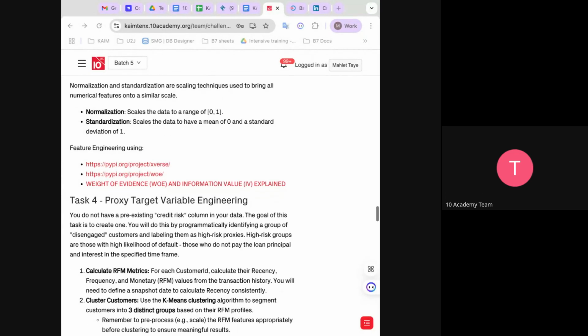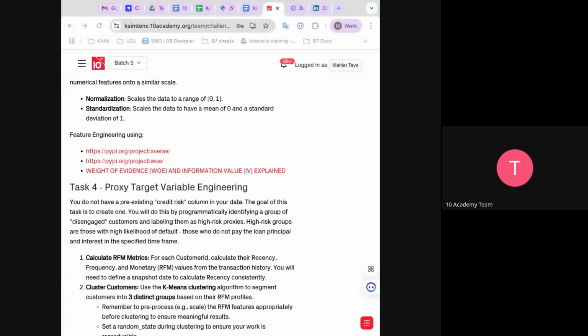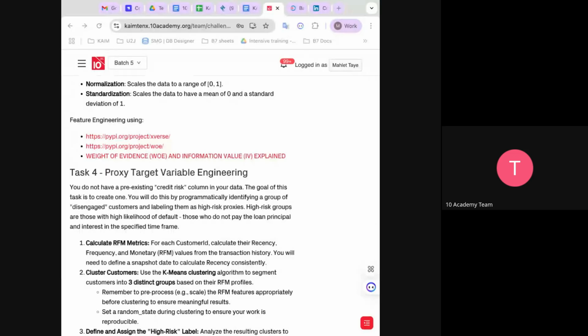Then on the other side, you can cluster this using the k-means clustering algorithm into three distinct groups, based on their RFM profile. So this RFM profile will be the indicator that the customer is in a high risk zone or a low risk zone.